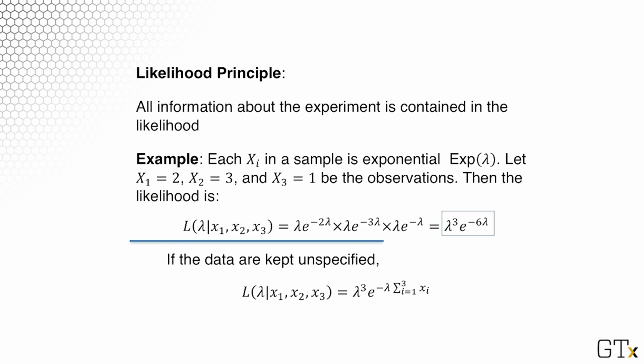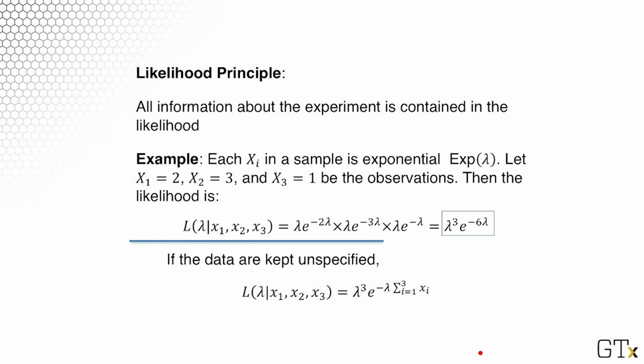So let's see how one typical likelihood may look. For example, we sample from an exponential distribution. We have three observations: x1 is 2, x2 is 3, and x3 is 1. Since they are from an exponential distribution, the likelihood is the product of the densities, but then I plug in the x's.